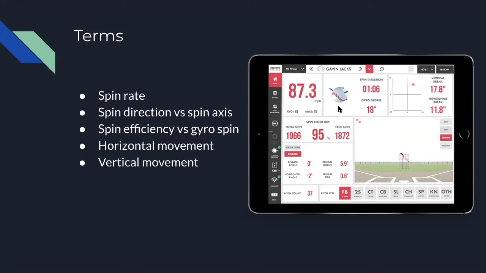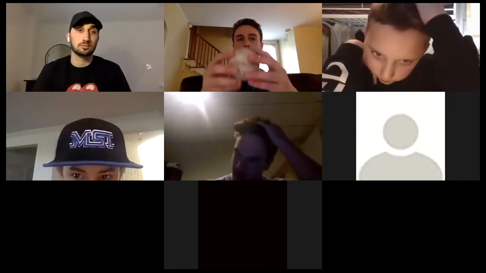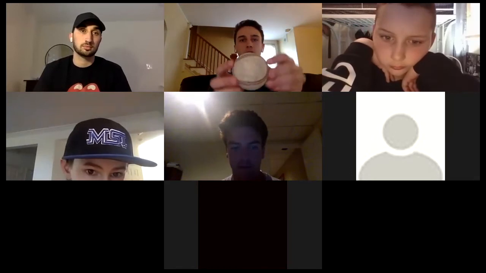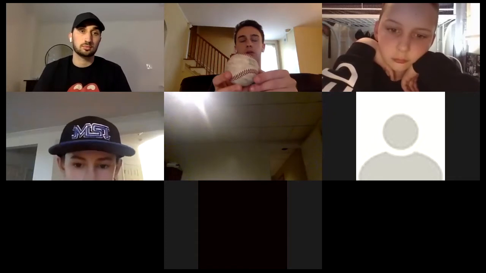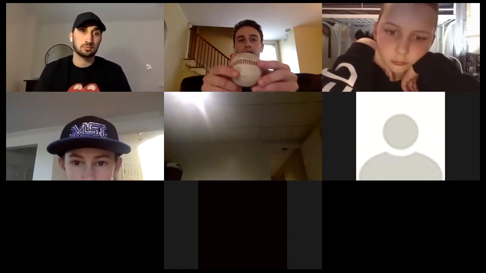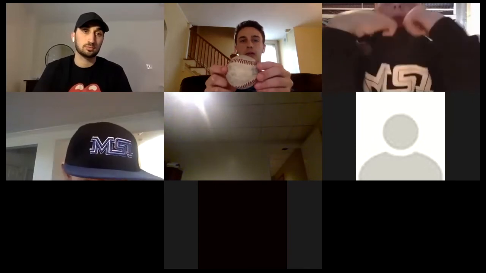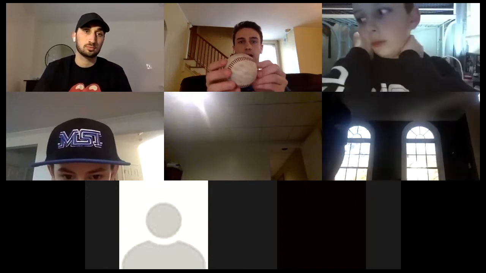So the next thing to look at is spin efficiency and gyro spin. If we think about how the ball is going to leave the hand, I'm going to stop sharing my screen for a minute. So think about the ball as it's backspinning this way, right? We can see different spin directions that are going to impart different movement on the ball. However, that's only accounting for spin this way. What gyro spin and spin efficiency measure is this way, okay?